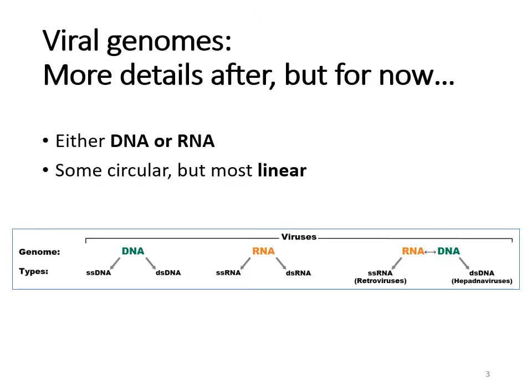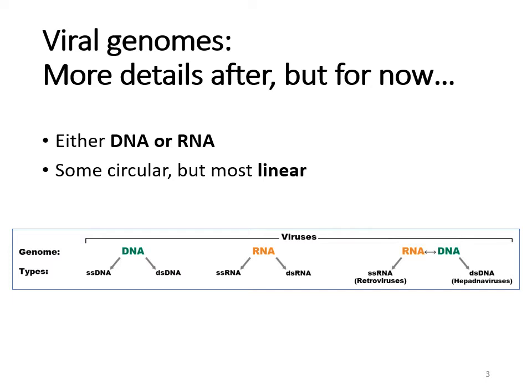Now, when we say that viruses have their nucleic acid, that's their genome. And that means that a viral genome can either be DNA or RNA. It can be single-stranded or double-stranded. And sometimes you encounter circular versus linear genomes.